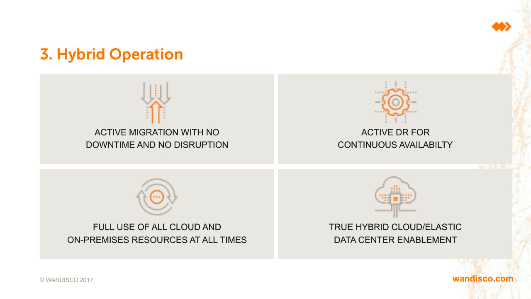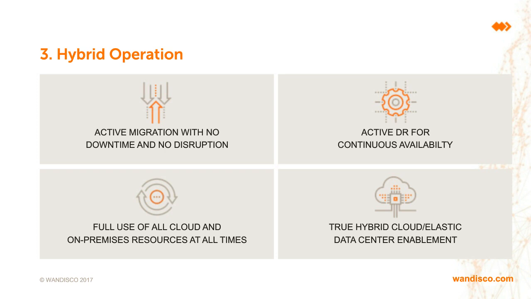You can operate a hybrid infrastructure where you switch between these environments for simple disaster recovery purposes, but that doesn't take full advantage of each of the different types of infrastructure on a 24/7 basis. If you don't have the ability to make full use of all of your cloud and on-premises resources at all times, you will have infrastructure either sitting idle or incurring a cost overhead that is less efficient than you could achieve were you able to make better use of all of the resources on a continuous basis.